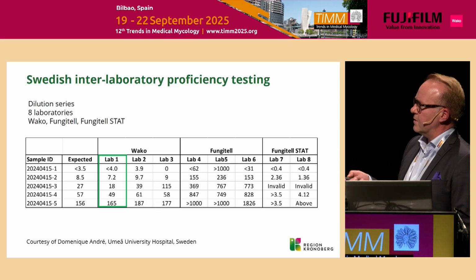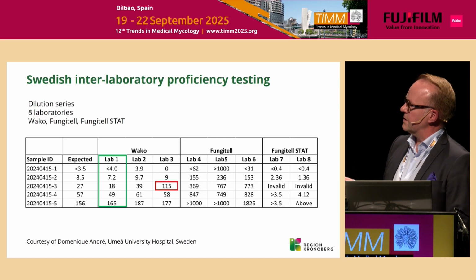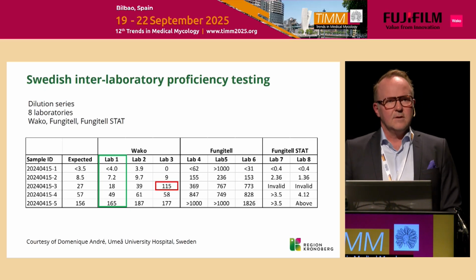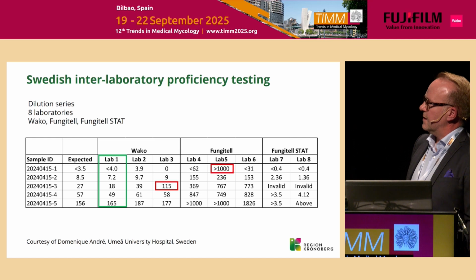Most of these results were very okay. Some exceptions, though. Lab 3 reported a very unexpectedly high level of beta-glucan in sample number 3. I don't know the reason behind that. And even more unexpected was this.